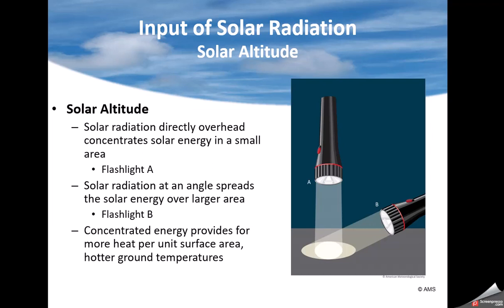Notice how it spreads out over a much larger area. Same amount of light coming in, same amount of energy coming in, but now it's covering a larger area. So any spot on that area is not getting as much sun, not getting as much energy. So the further north or south away from the direct line of sight of the sun, you're getting less and less energy. Now, what that means is the Earth does not receive all the sun's energy the same.